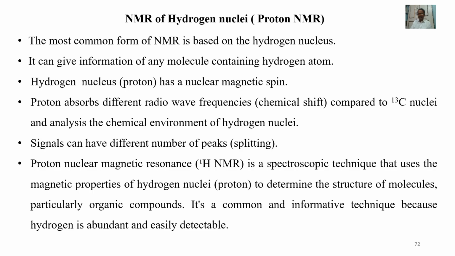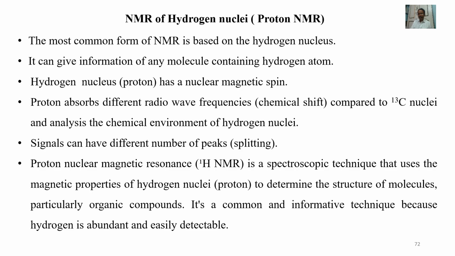Hydrogen NMR spectroscopy is used more often than carbon NMR, that is carbon-13, partly because proton spectra are much easier to obtain than carbon spectra. The carbon isotope is only present in about 1% of carbon atoms, and that makes it difficult to detect.